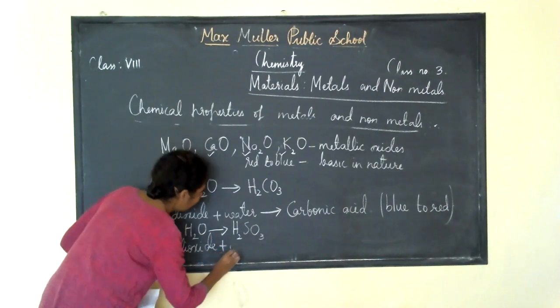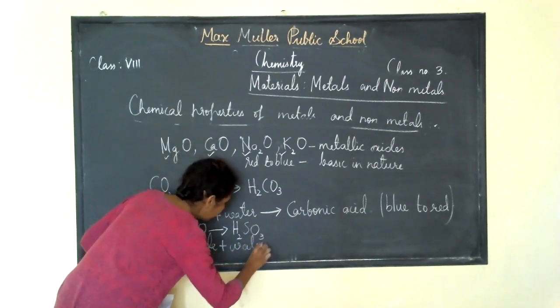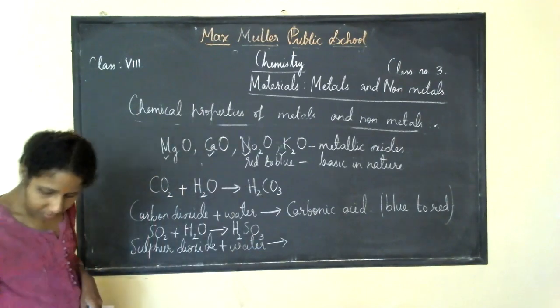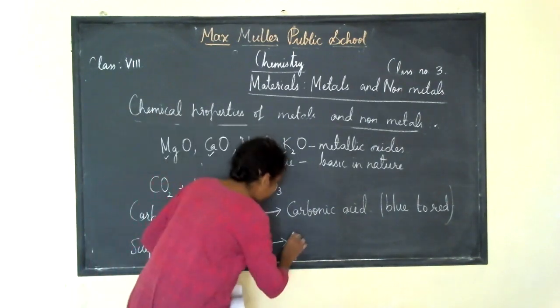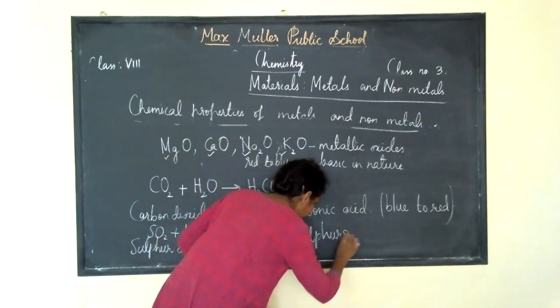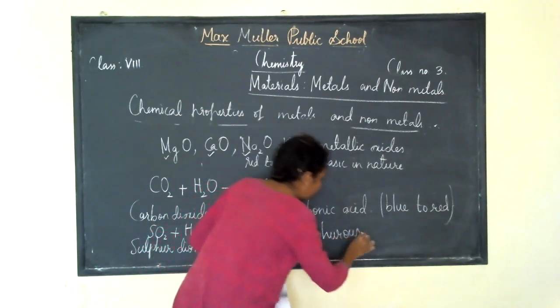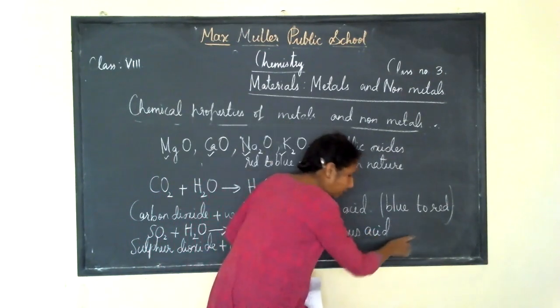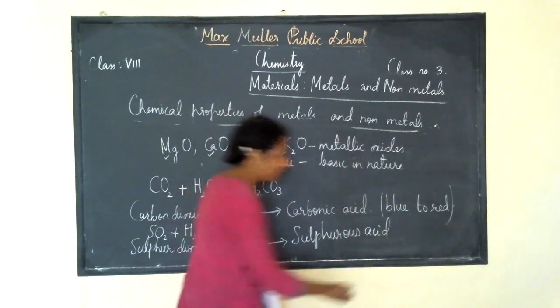Sulfur dioxide reacts with water to form sulfurous acid, which turns blue litmus to red.